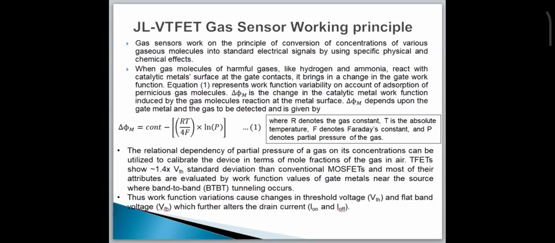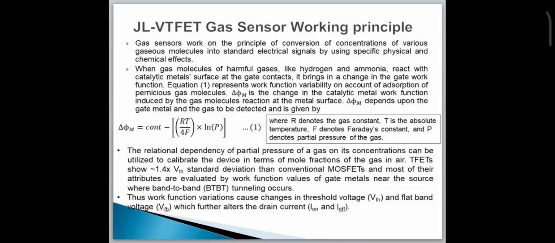When gas molecules of harmful gases like hydrogen and ammonia react with the catalytic metal surface at the gate contact, it brings in a change in the gate work function. In the last slide, for H2 gas, I explained how the hydrogen atom affected the gate metal work function and its conductivity.